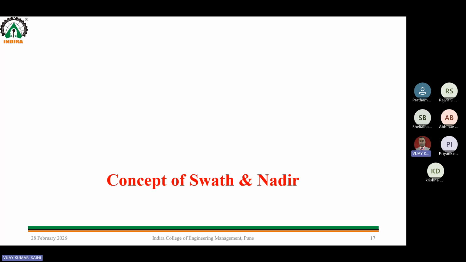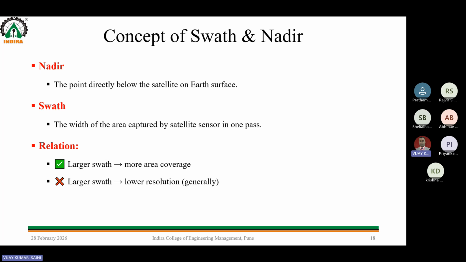So it is a prime understanding. Although I am not saying the earlier topics are not asked in exams, let's understand this topic: what are swath and nadir? I have given this concept in a very simple way. Nadir is the point directly below the satellite on the Earth's surface.